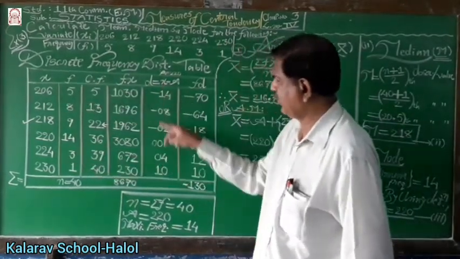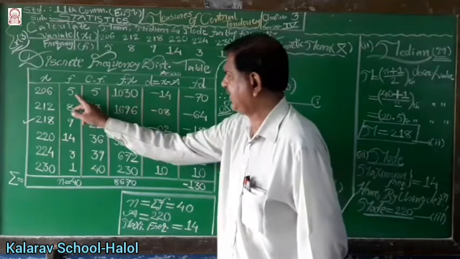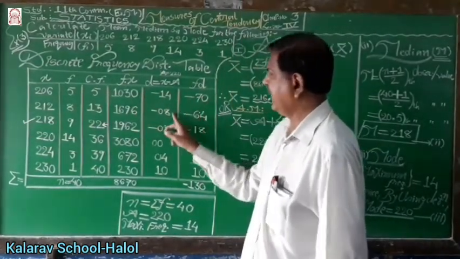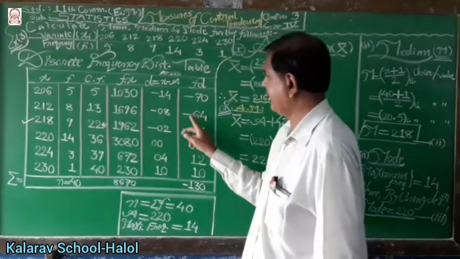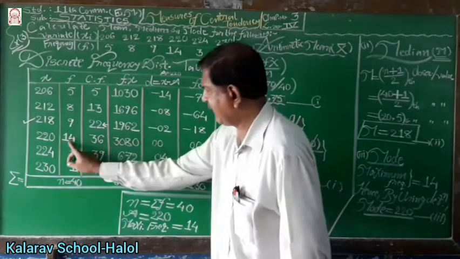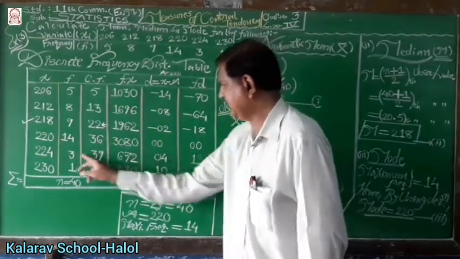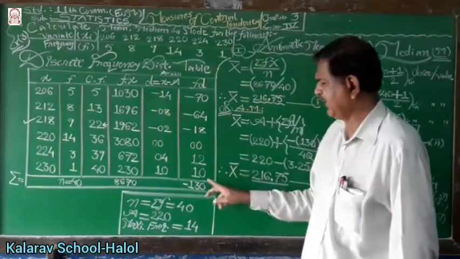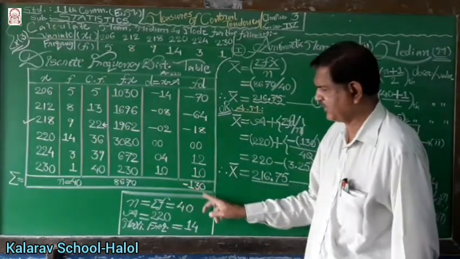F and D multiplication, that is the product, frequency and deviation column. 14 5s are 70, with sign minus, means minus 70. 8 multiplied by 4 is 32 with minus sign. 9 2s are 18 with minus sign. 0 multiplied by any number is 0. 4 3s are 12. 10 into 1 is 10. And ultimately the total is minus 130.